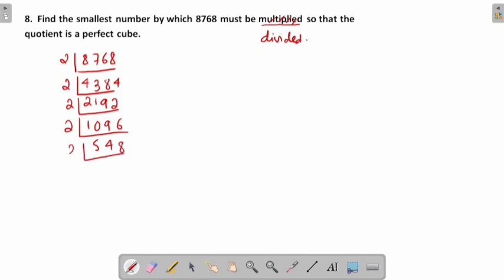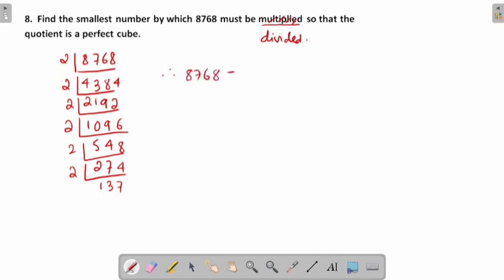With 2 again, 2 2s are 4, 2 7s are 14, 2 4s are 8. Again with 2, 2 1s are 2, 2 3s are 6, 2 7s are 14. What we see here is 137, and we won't be able to divide this by any other number.